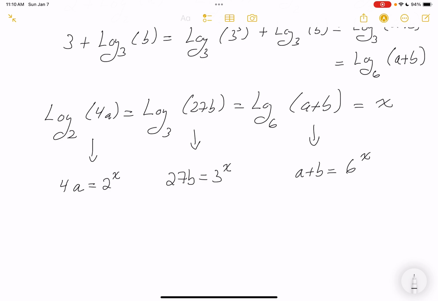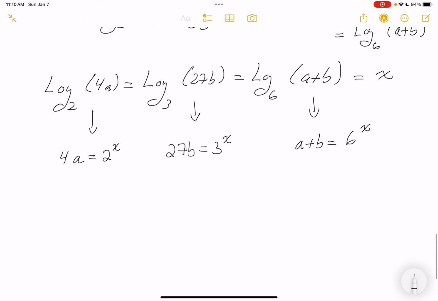Maybe simplify a little bit further. I'm going to say a is 2 to the x over 4, and b is 3 to the x over 27. We could simplify that if you want, but I'm not sure it's important at this stage. Not much I can do about this: a plus b equals 6 to the x.